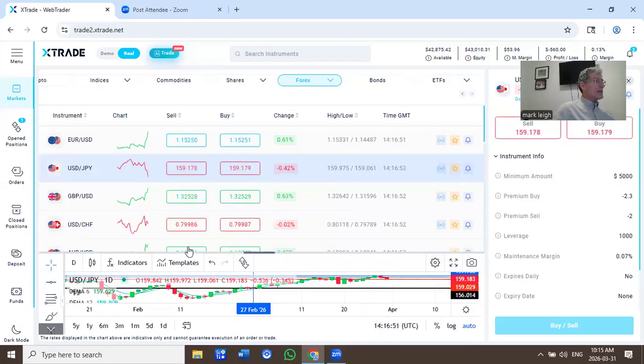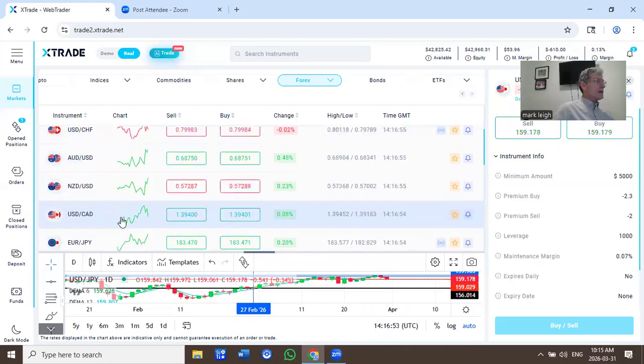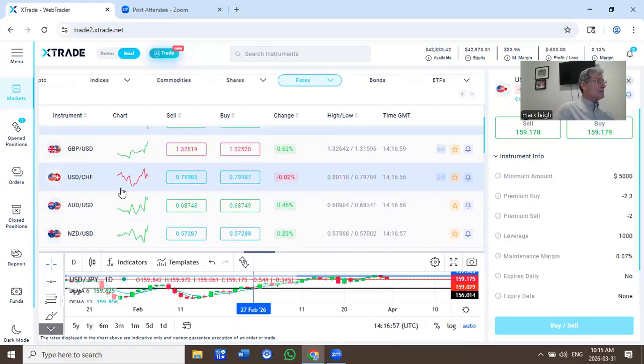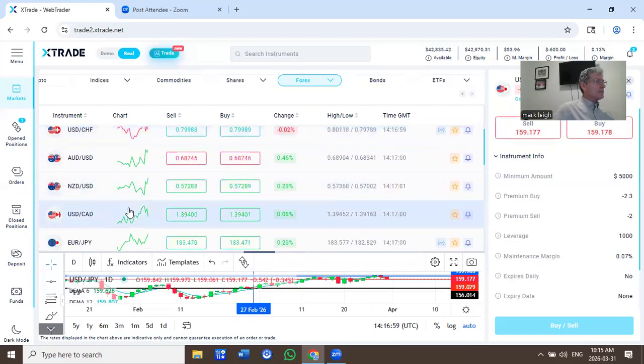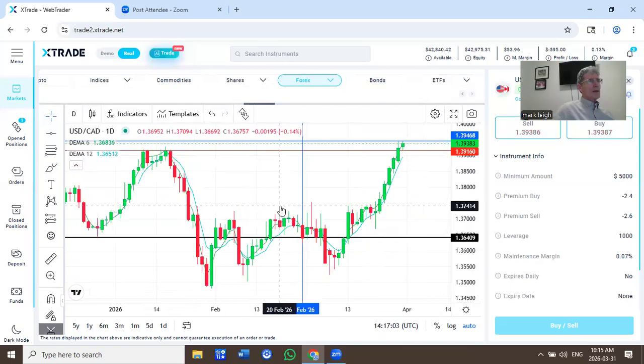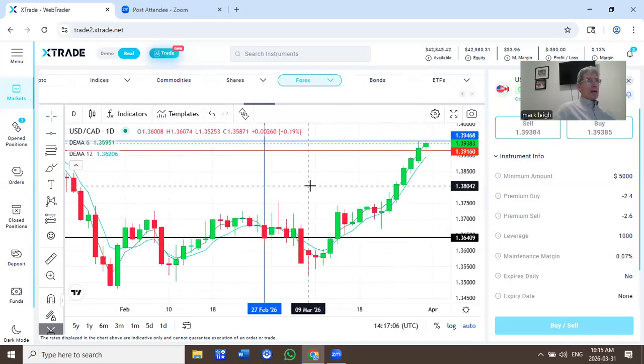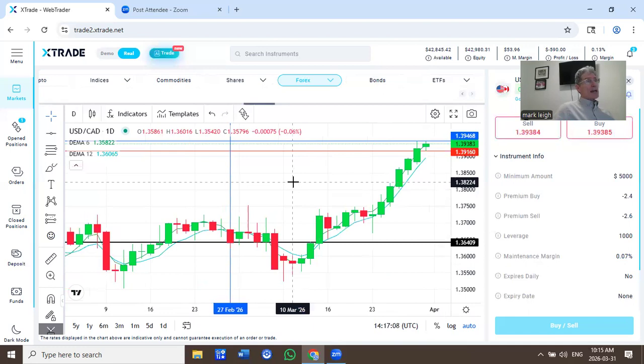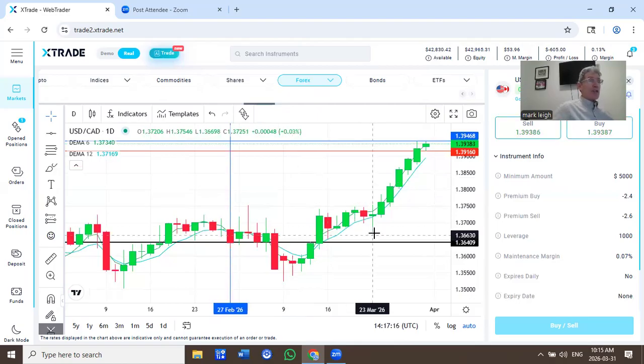Let's have a look at the US against the Canadian. There we see a different pattern. The US not giving up gains against the Canadian, or alternatively, the Canadian unable to fight back against the US. And it's really been strong.